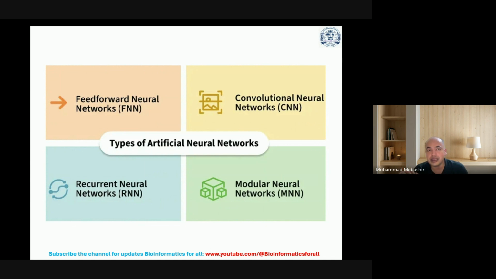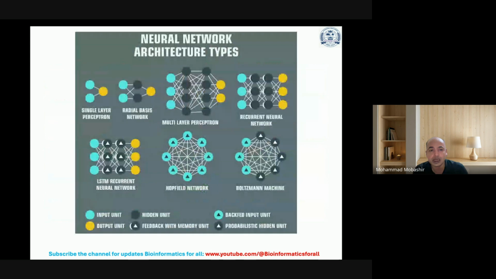So, other than these FNN, CNN, MNN, and RNN, there could be possibly more subtypes depending on your scientific applications. Now, in general, if you want to understand the neural network architecture types, it may look like this: single layer, multiple layer, and more complex layer, circular layer, many more subtypes.